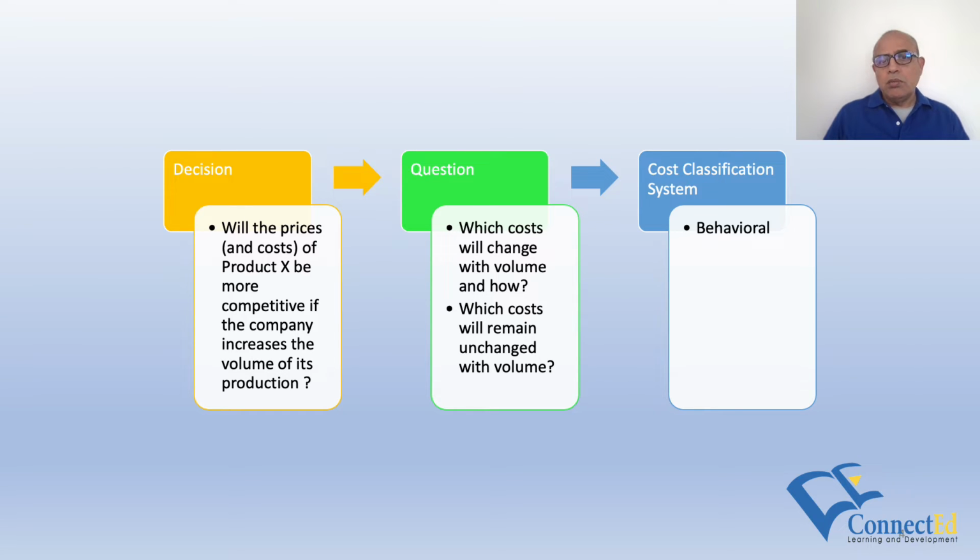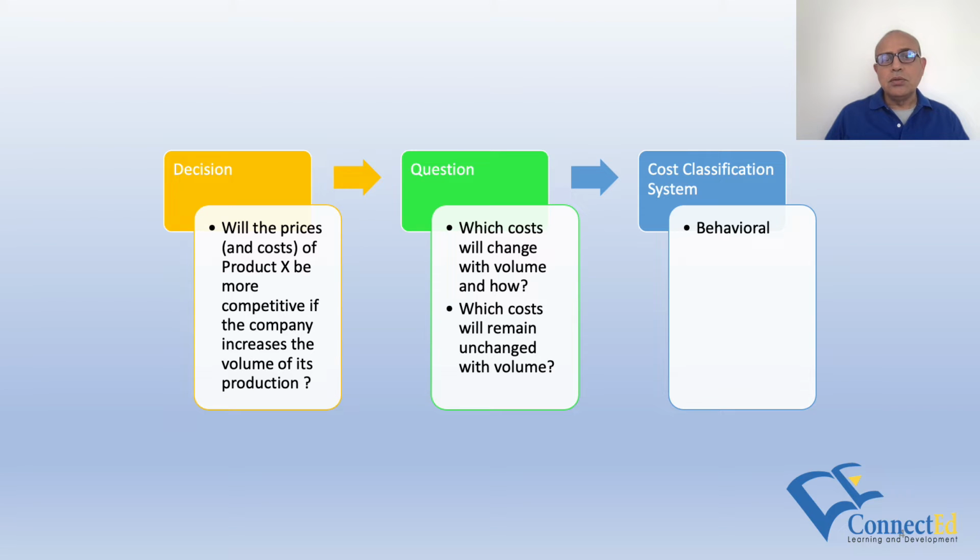And so, beyond the basic observation that costs will increase with volume of production, we need to understand how this change will take place, and which costs will remain unchanged with volume. That's also an interesting question, because not all costs are going to change with volume. Take, for example, the factory rent. If you're paying rent for the factory per month and you're producing, let's say, 5,000 tables per month, as long as you don't want to expand the capacity, you don't need new space.